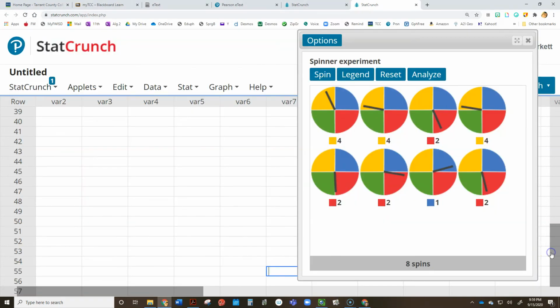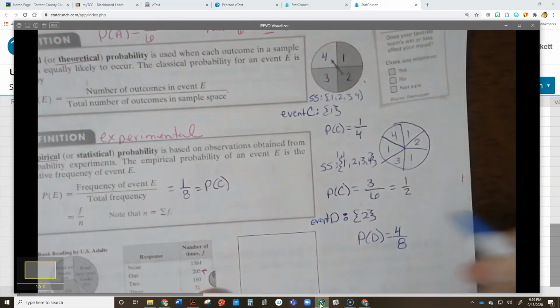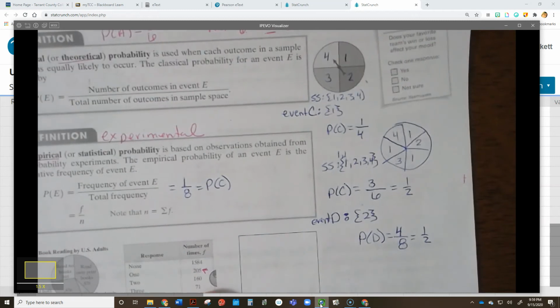Now let's look and see how many times it landed on 2. 1, 2, 3, 4. It landed on 2 4 times. So I come over here and put 4 on top. 8 was how many times I spun the spinner, and that reduces down to 1/2.